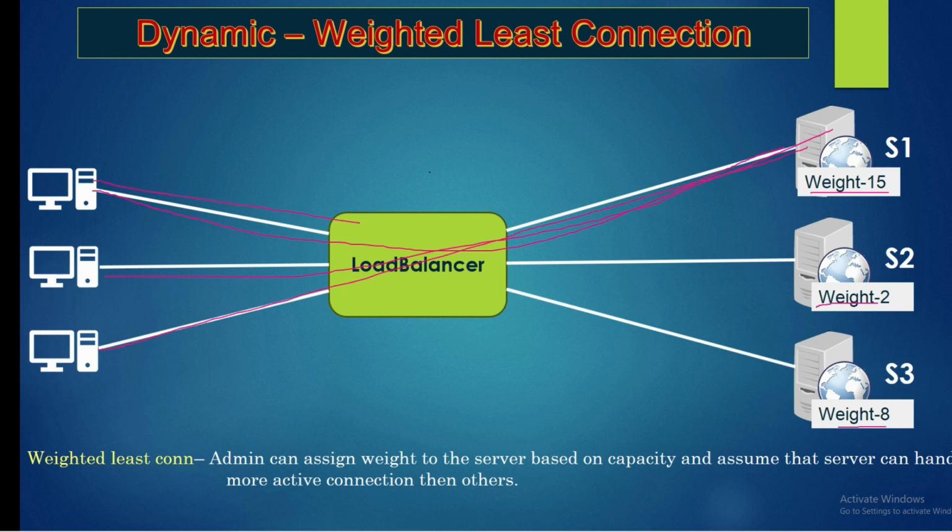Second priority is weight 8, server 3. First priority is server 1 because its weight is high and it can handle more active connections compared to others. The administrator assigns the weight based on CPU, memory, and capacity of the server.